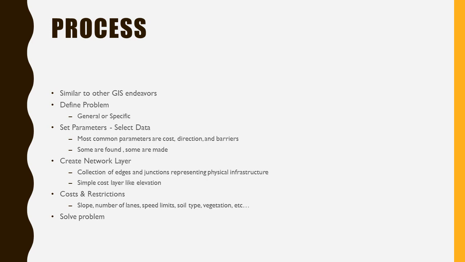Next, we're going to talk about creating a network layer. Network layers are basically a collection of edges and junctions representing physical infrastructure. And so it tends to be the locations where you can go and where you can't go, and the things that stop you. And then there's simple cost layers like elevation that you can use.